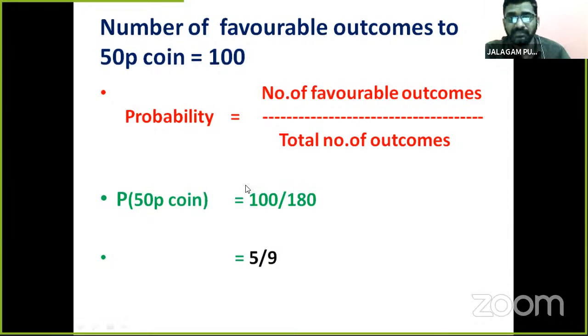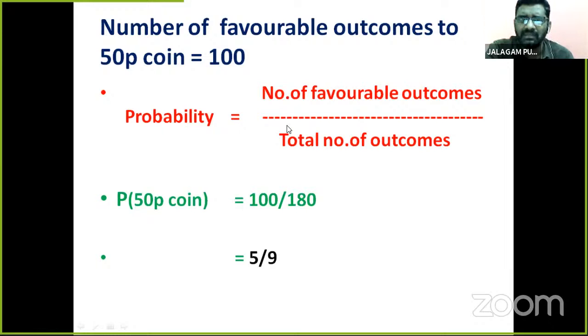So children, please try the remaining problems. The key formula here is the probability formula: number of favorable outcomes by number of possible outcomes. Throughout the chapter, we use only this formula.